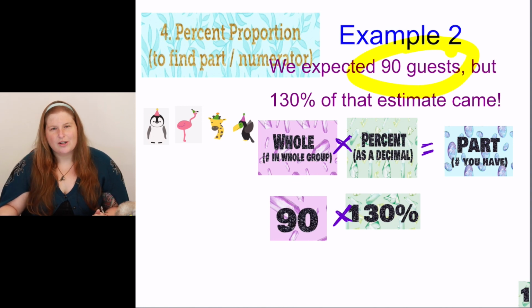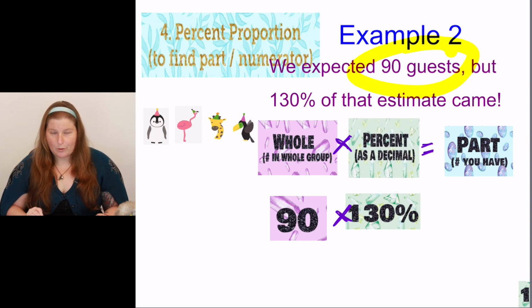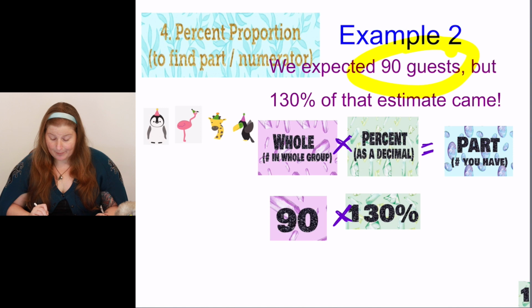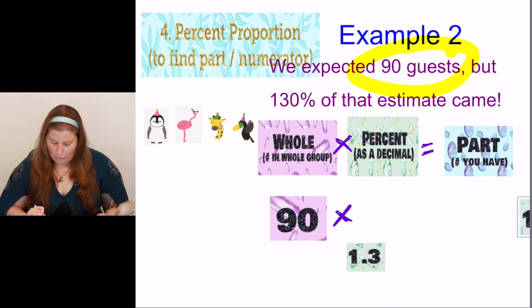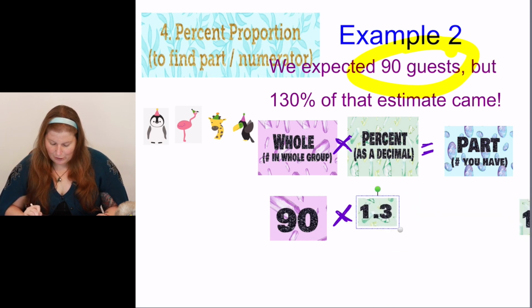So my answer should be greater than 90. But of course, when we're using the percent equation, we have to write the percent as a decimal. So 130%, 130 parts out of 100, is the same as the decimal 1.3.